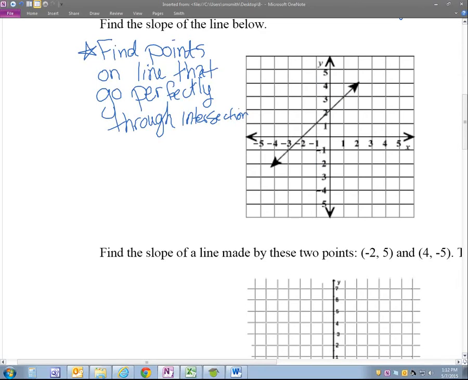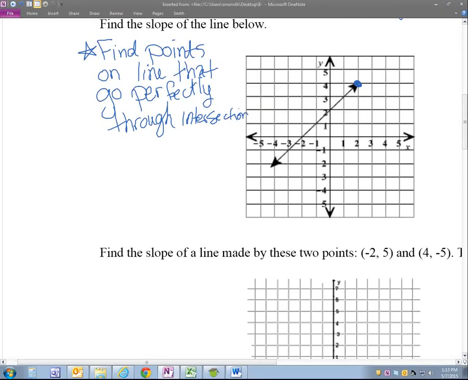So someone tell me one of the spots that matches through there perfectly. Austin? Positive 2. Okay, so positive 2. So we're talking about the x, and then what's the y value of that? 4. Yeah, 4.